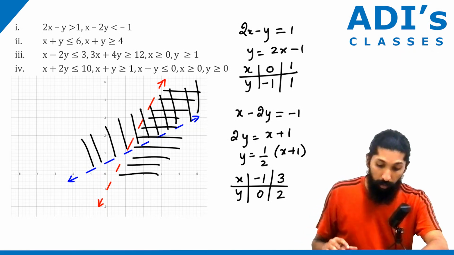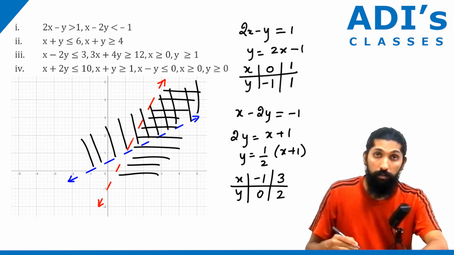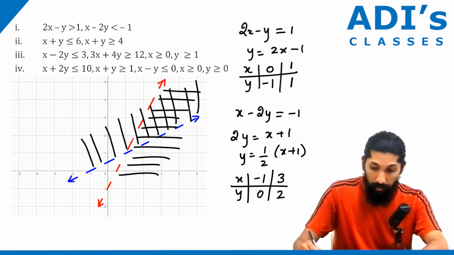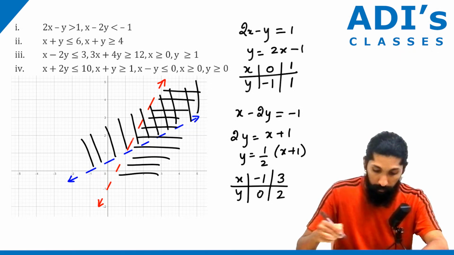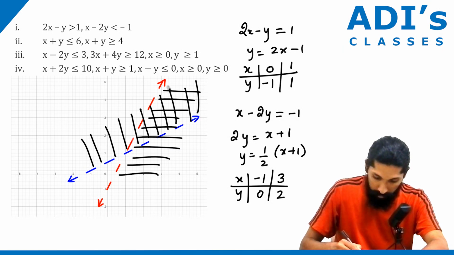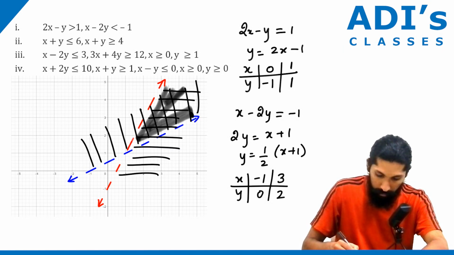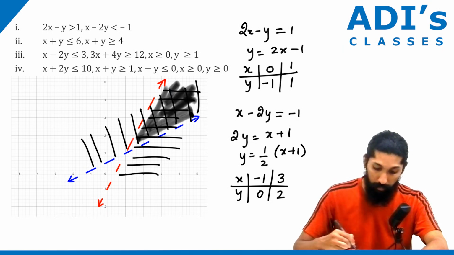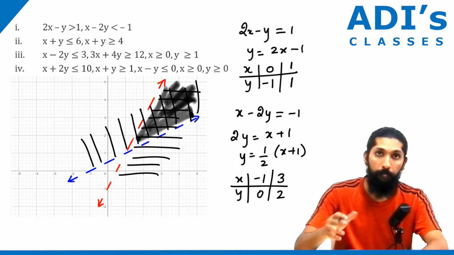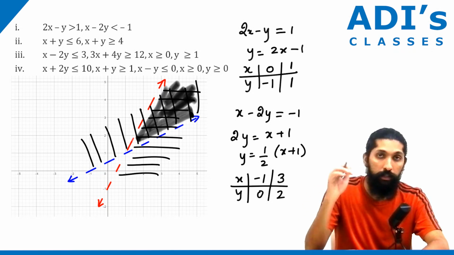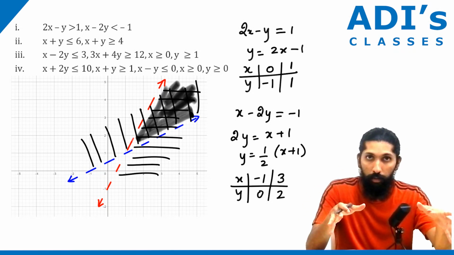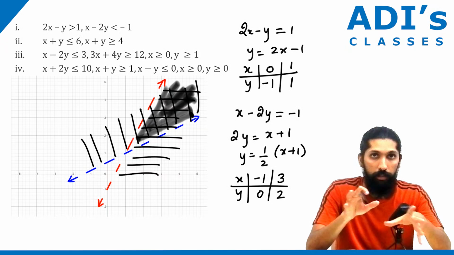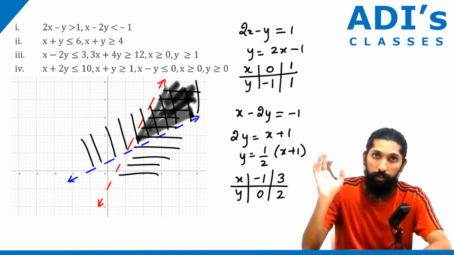See the area where you have intersection. This is the intersection part, which is going to give you the common area. So the answer is going to be this, the intersection part, for the given question.